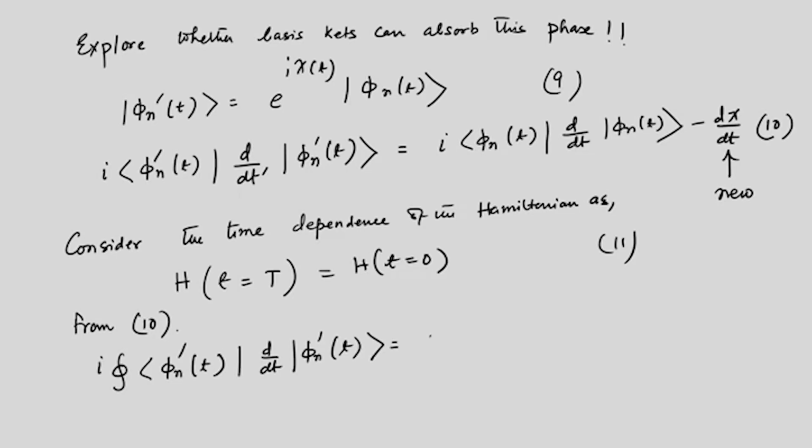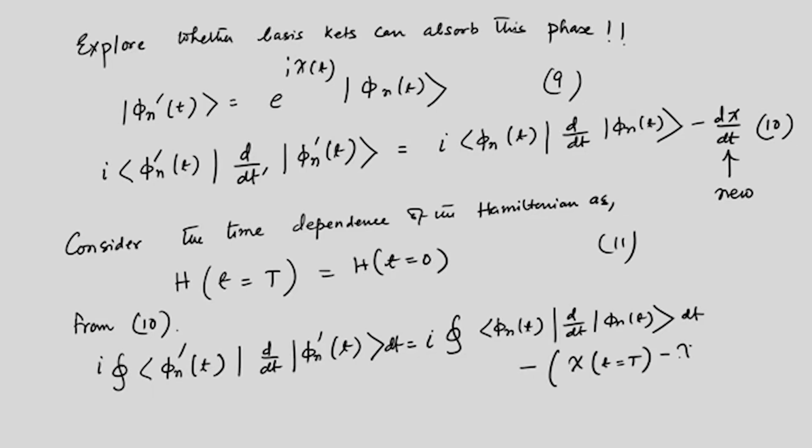This is equal to i phi n of t d dt of phi n of t dt, and then there is a term which is minus chi at t equal to capital T minus chi at t equal to 0. Let us define this as equation 12, and this is irreducible, and this is the Berry phase.